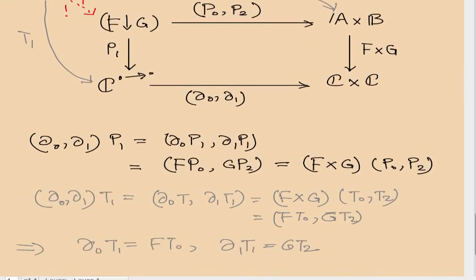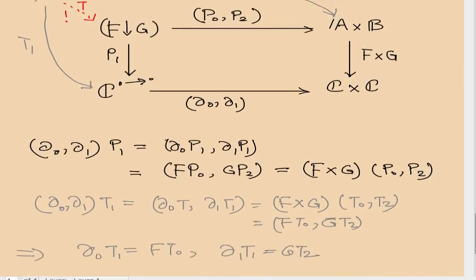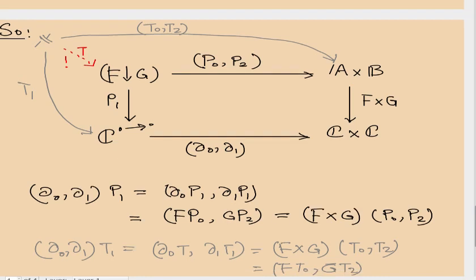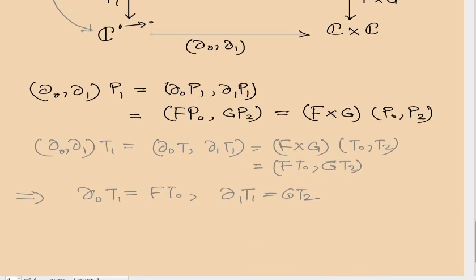So in other words, the universality can be expressed as another universality, and this is a very, very common diagram. We call this the pullback diagram. So this is the pullback.